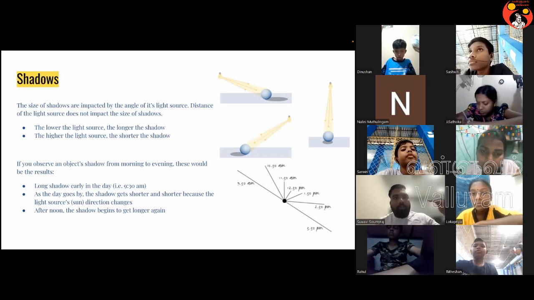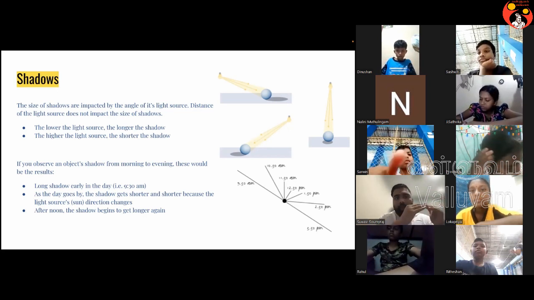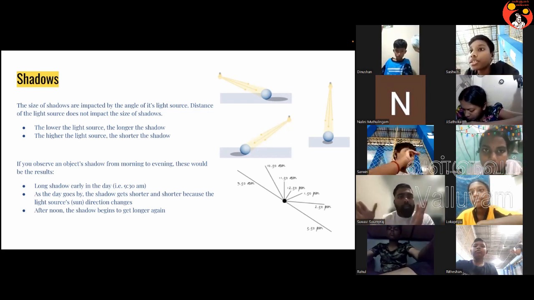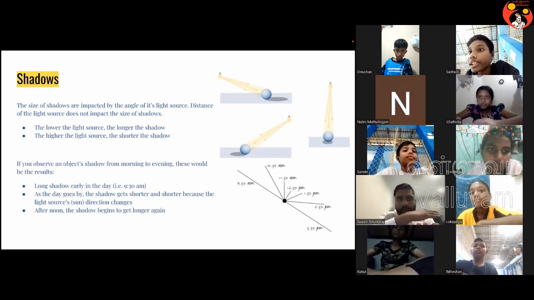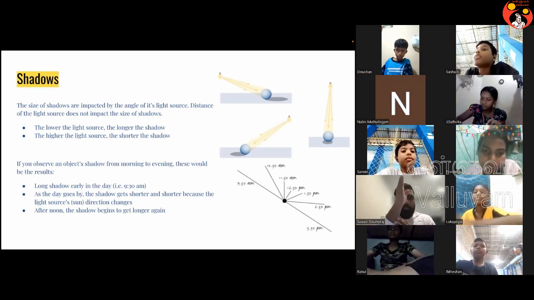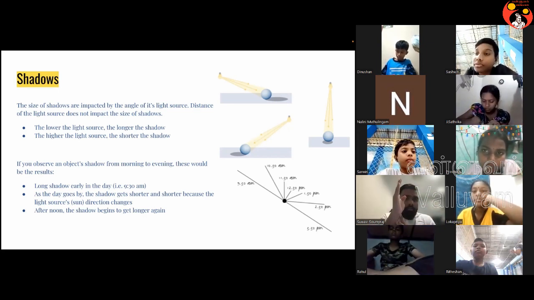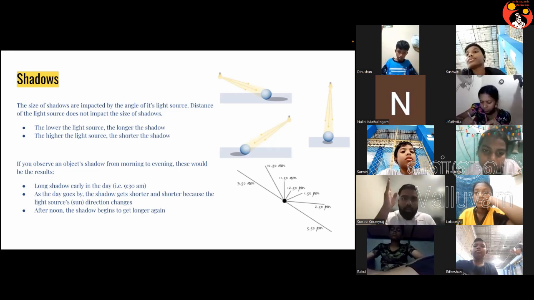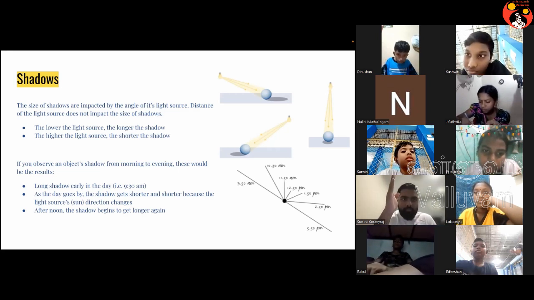At 9:30, when the sunlight is closer to the horizon, the length of the shadow created by the ball is going to be longest. Then as the sun rises to the middle, around 12:30 p.m., when the sun is directly above the ball, you will see the smallest shadow, because the higher the light source, the shorter the shadow.